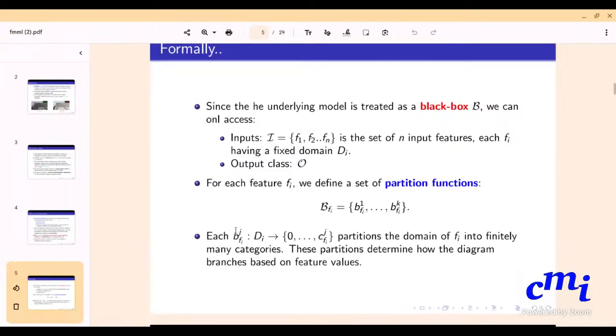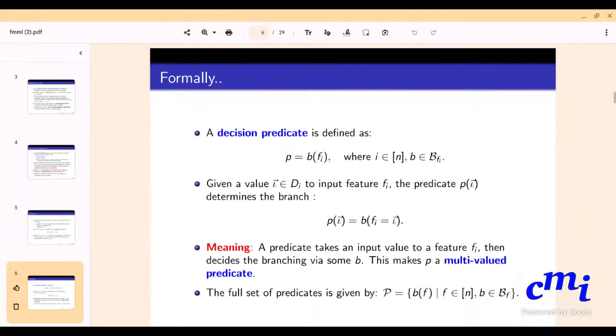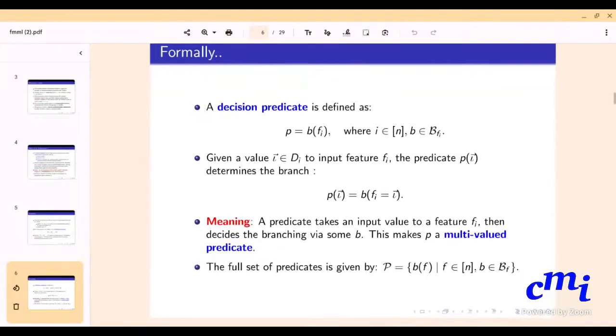We will call it a branching function. We will see how this branching function helps in branching in a decision diagram. Finally, we define a decision predicate, which takes a feature, assigns some input to it, and decides its branching by selecting some branching function from the set of all available branching functions.